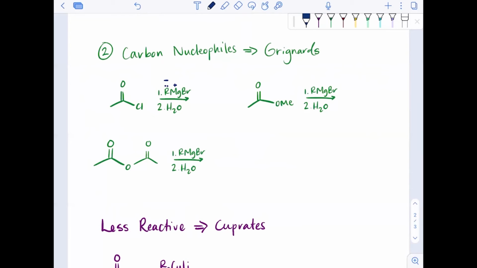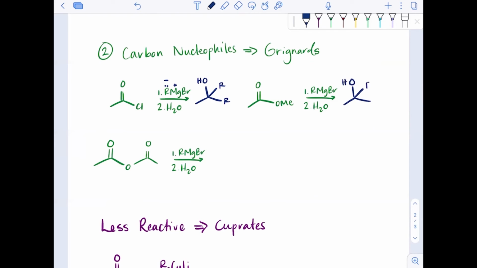And so that nucleophile, again, adds twice, right? When we have our acyl chlorides, our esters, or our anhydrides, Grignard reactions react very fast, and they will react twice to add on 2 identical R groups onto that carbonyl.